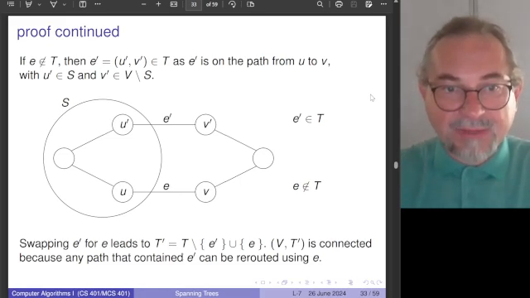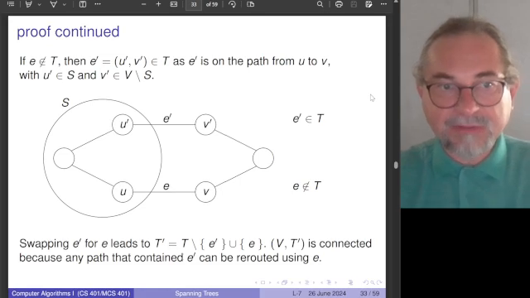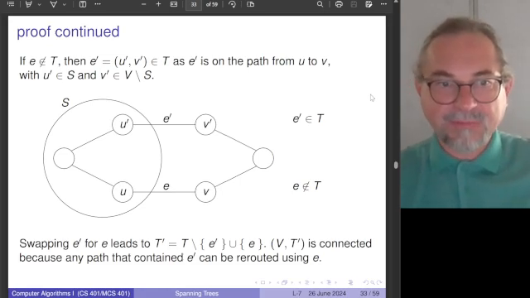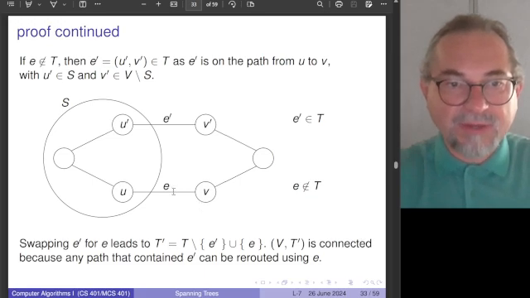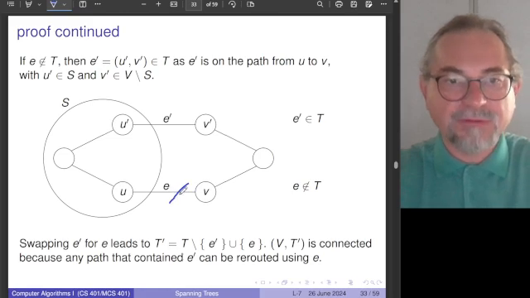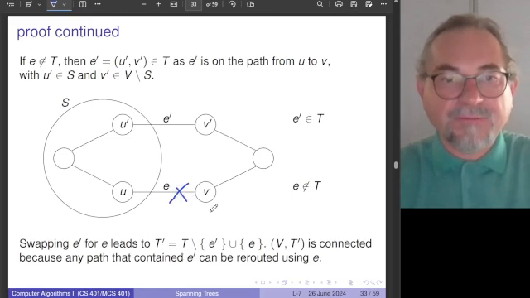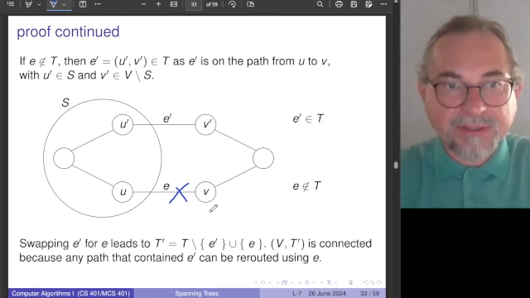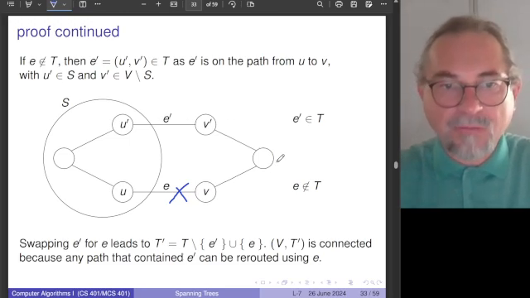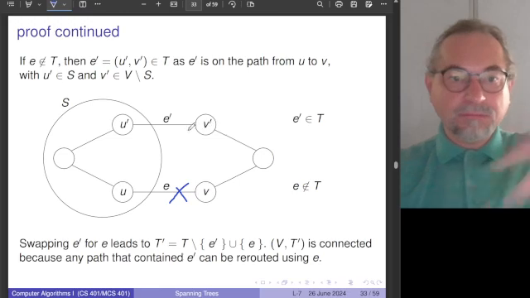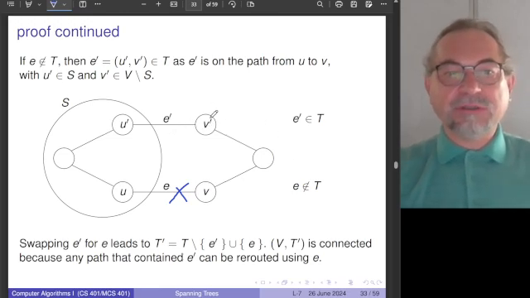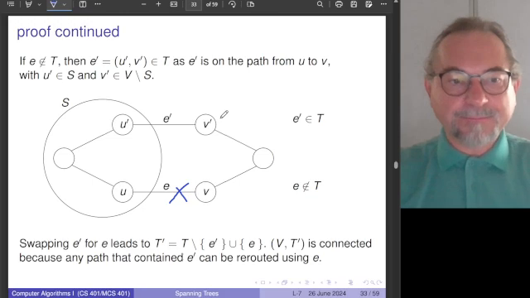We had this vertex V that was not yet in S. So here actually we have not this edge. V will be connected, but it should be on the path. It could be that there is a direct path, but in general, we have somewhere another path that runs via V prime.